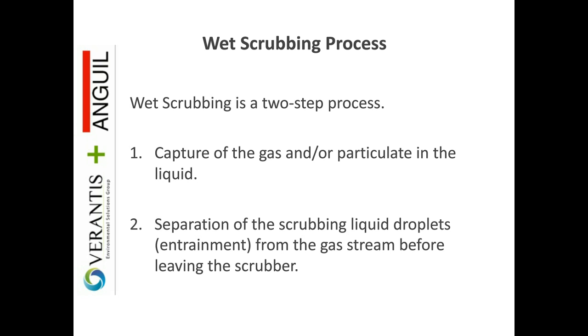But it's important to note as well that once you've done the scrubbing and that gas stream exits the scrubbing device itself, it's very important to have a good, well-designed gas discharge section, including the entrainment separator, to make sure that you don't re-entrain droplets that contain your contaminant or byproducts thereof and send it right out the stack after you've already cleaned the gas. So the gas stream has to flow by some kind of liquid distribution device, and that's typically what we're concerned with here. The design and consideration of the scrubbing portion as well as the mist separation portion are both very important.